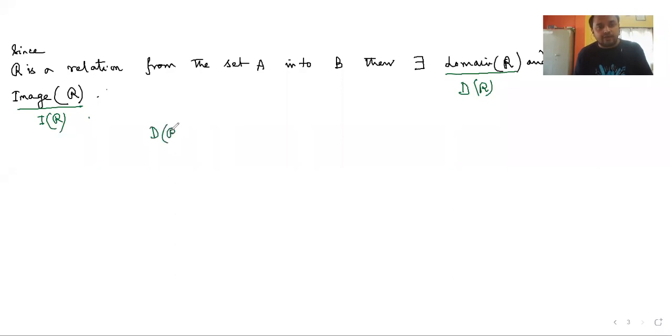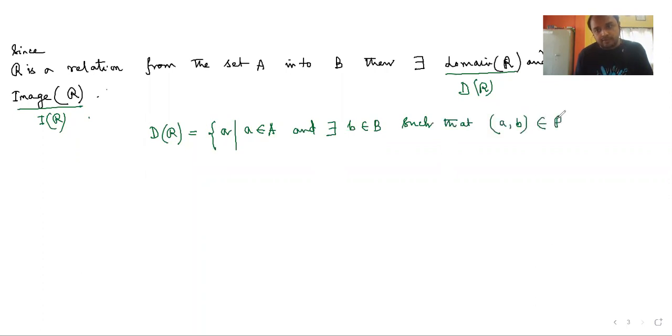The domain of the relation R can be written as all such points a such that a belongs to capital A and there exists b belonging to capital B such that (a, b) belongs to the set R. The image of R is defined in the following way.